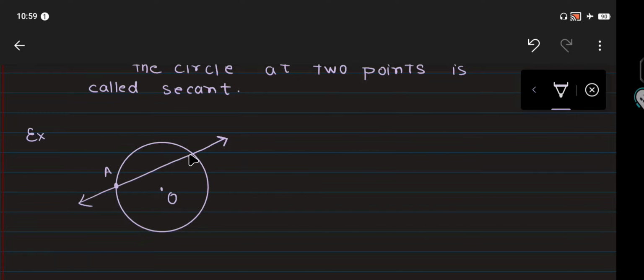Let's say this is the point A and this point D. So this line AD intersecting, let's give it some other names, C and E. So this line CE intersecting this circle at point A and point D. So this line CE is the secant.